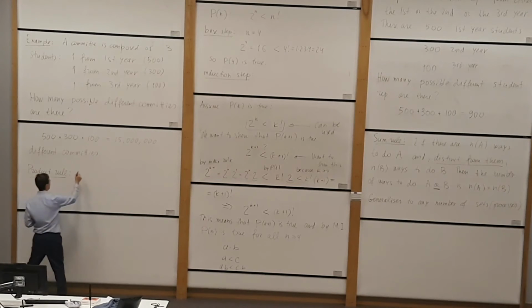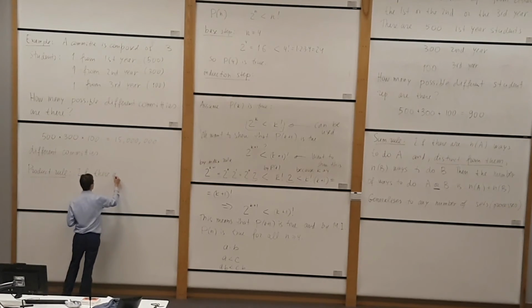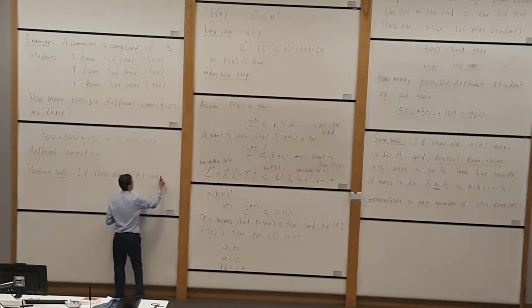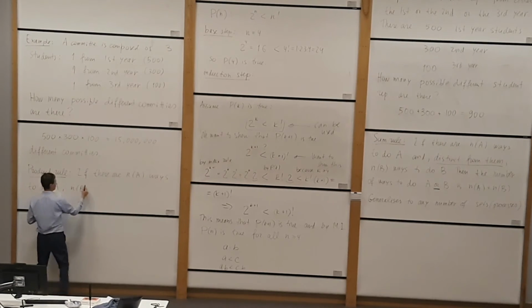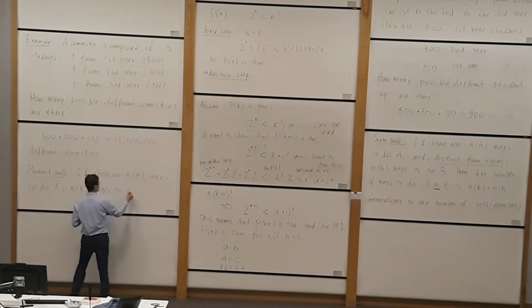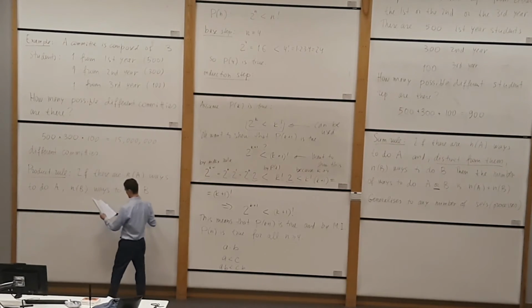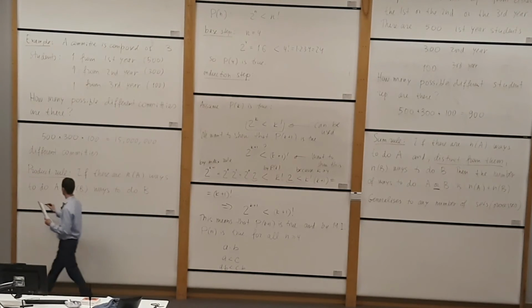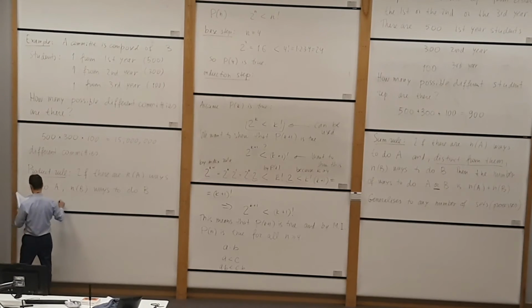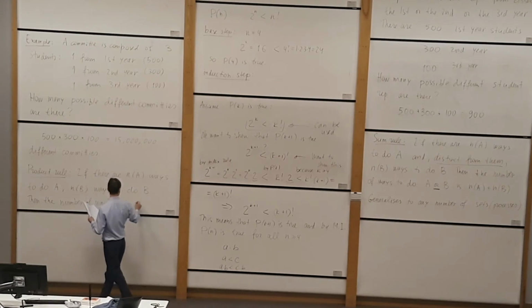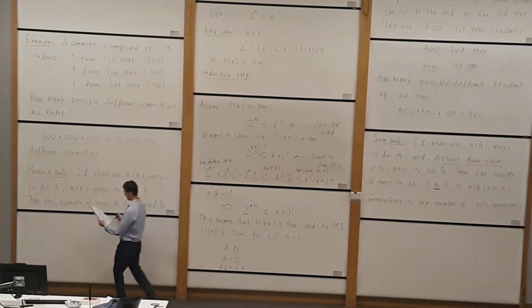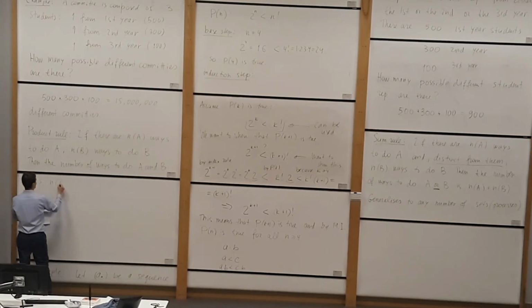If there are n of A ways to do A, n of B ways to do B, then the number of ways to do A and B is n of A times n of B. Just multiply these choices.